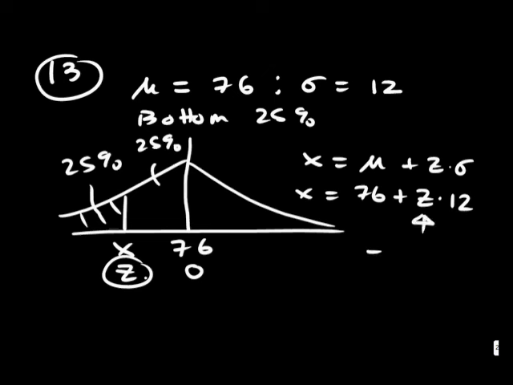Now, from the last example, I believe we found a z-score of negative 0.675. Let's double check. Yes.